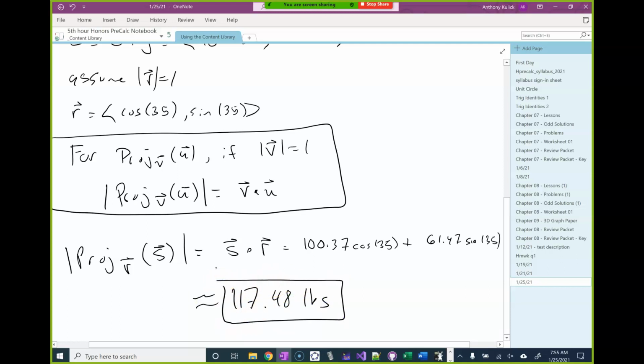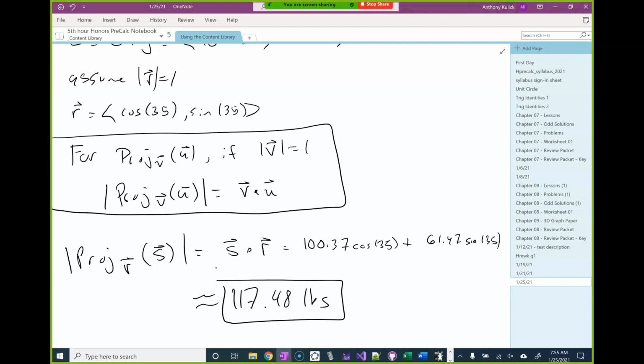pounds. So the trick there was recognizing that you had two vectors going on, that you had a gravity vector in addition to the pull acting on the crate. You also had the force of gravity pulling down on the crate, and to just add those two together and then proceed as normal.